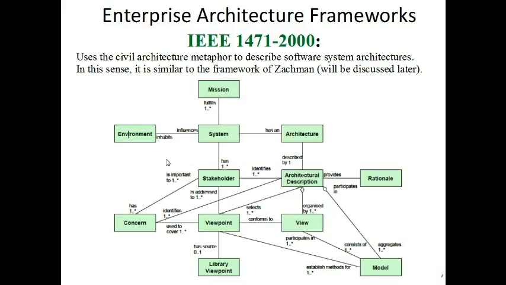The IEEE Computer Society approved the IEEE 2000, which builds a solid theoretical base for the definition, analysis, and description of system architecture. It was adopted by ISO in 2007.